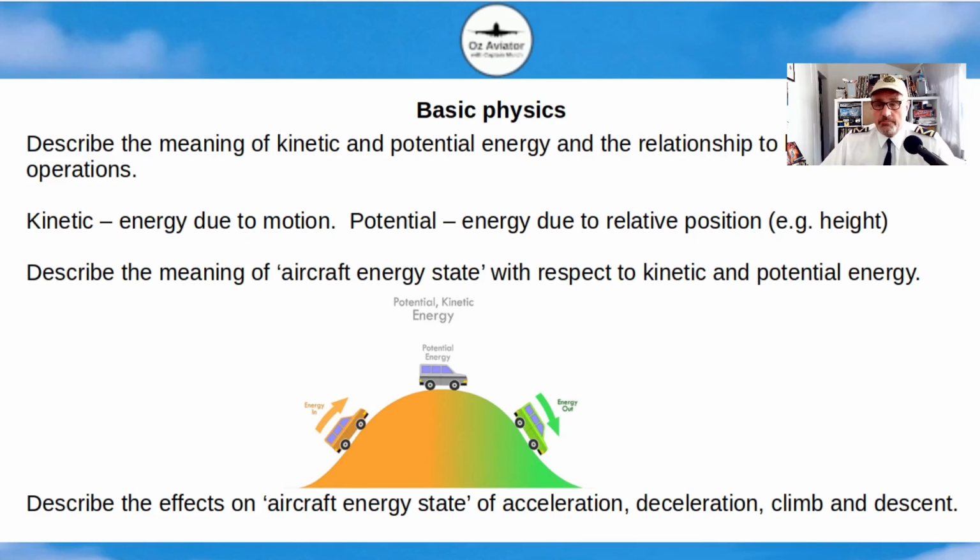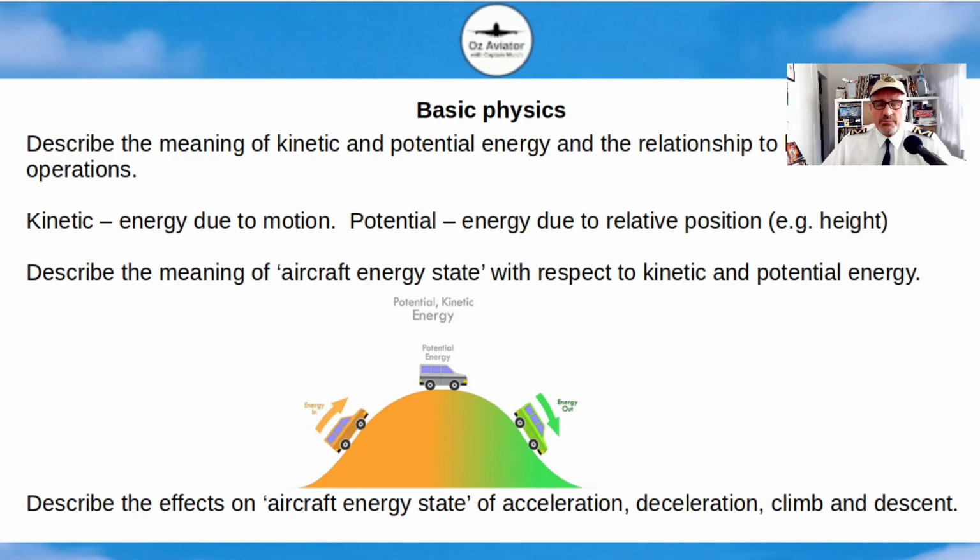Okay, and finally, some basic physics in regards to kinetic and potential energy. They want us to describe the meaning of kinetic and potential energy and the relationship to basic aircraft operations. Kinetic energy is the energy that an aircraft has due to its motion.